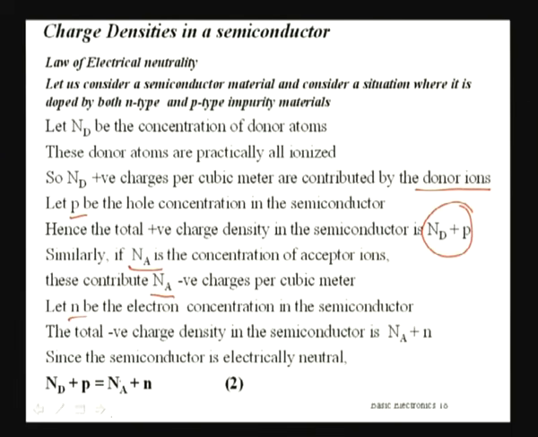So the total negative charge density will be Na plus n. Since this semiconductor is electrically neutral, we have Nd plus p is equal to Na plus n. Let us number this equation as 2. That means this electrical neutrality must be satisfied in the semiconductor.